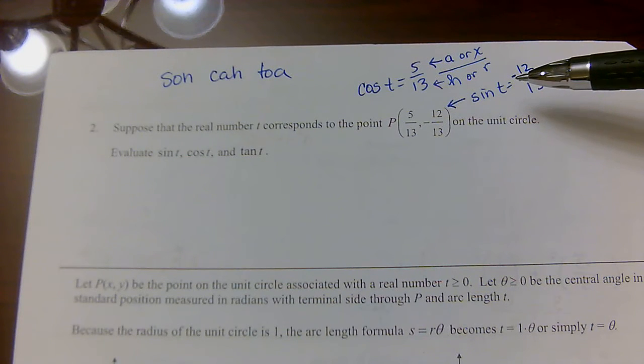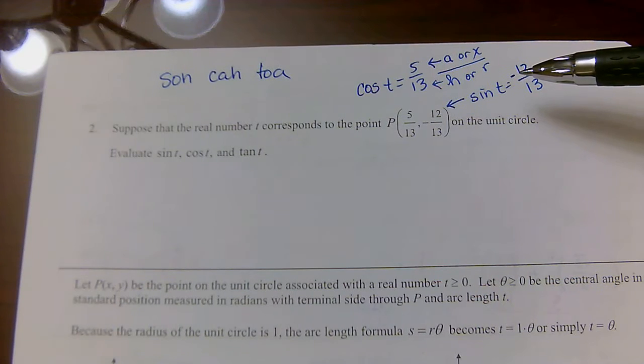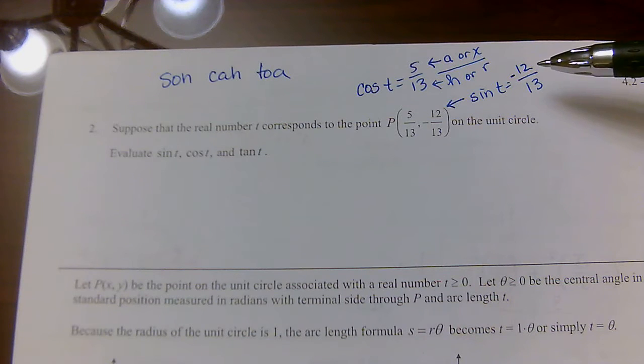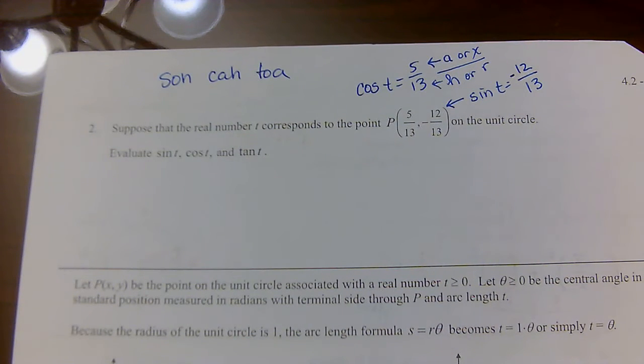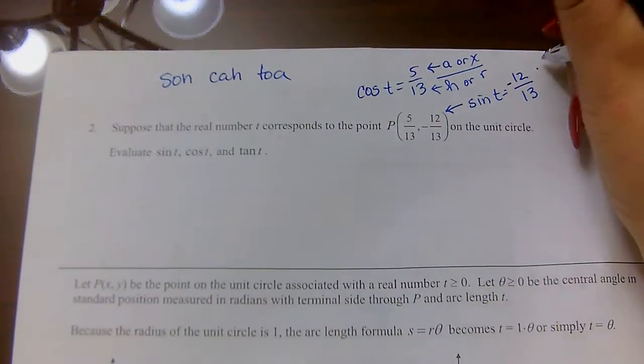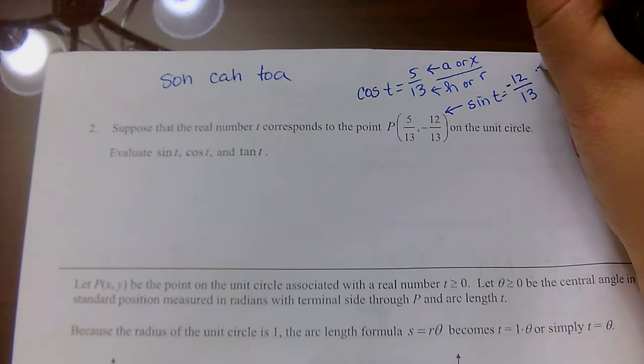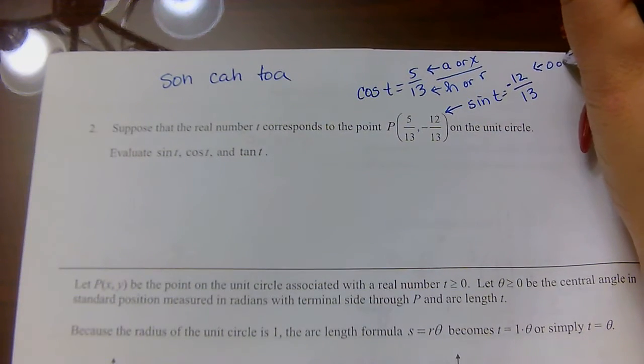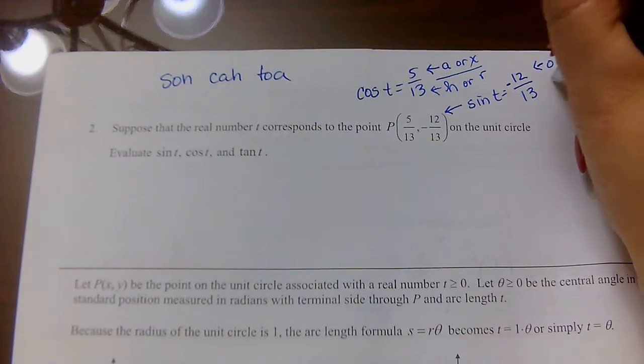When we get to tangent, we'll talk about that, because remember, tangent does not include your radius or your hypotenuse at all. It has an x or a y, and there you actually have to assign it to your x value or your y value, not to both. Sine is going to be opposite over hypotenuse. Our opposite, and I'm going to go ahead and do it like that, opposite or our y value.